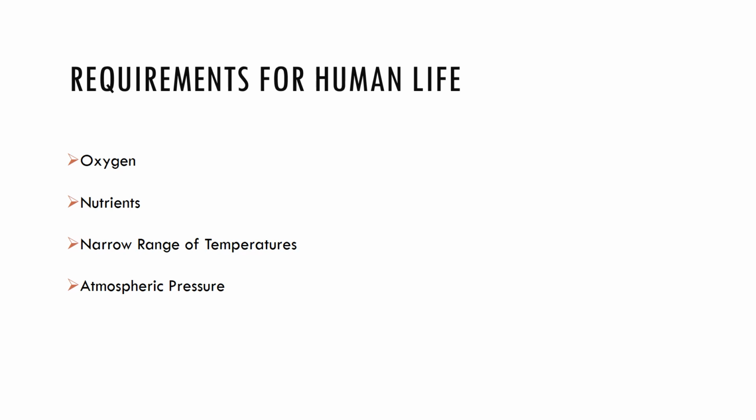This pressure keeps gases within your body dissolved in your blood plasma. Your ability to breathe, take in oxygen, and release carbon dioxide also depends on a precise atmospheric pressure. And you will study this in further detail in ANP2 when you discuss the respiratory system.